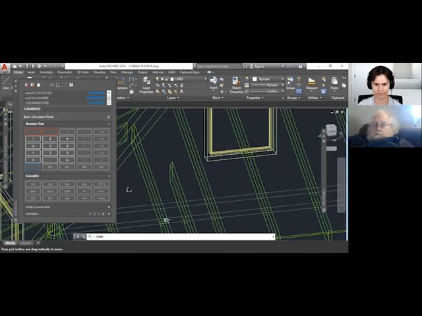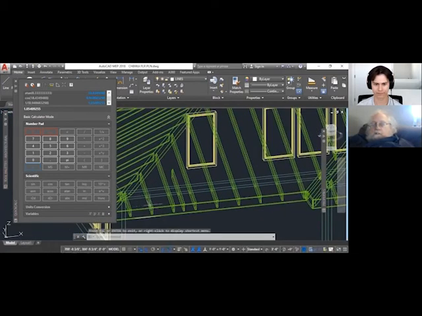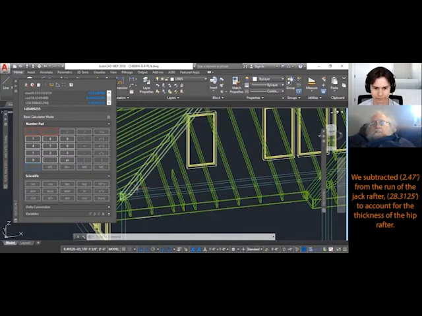Now we determined the distance from the corner to the joist that we want to tie with. And then we subtracted 2.47 inches off that. The reason we did that was so that we peeled off half the thickness of this hip.